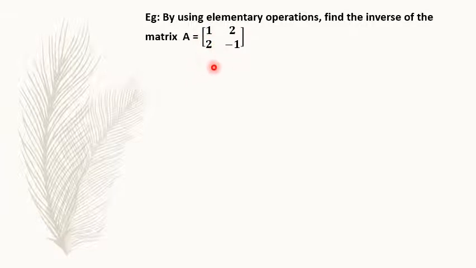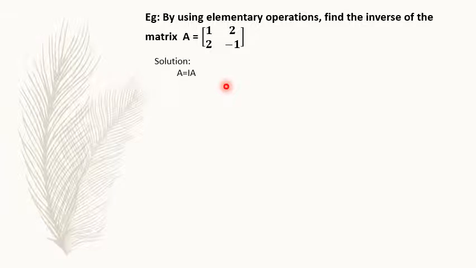First, we need to write A equal to IA. Then we need to apply a sequence of row operations. Then that will be I equal to BA. Then the matrix B is said to be the inverse of A.